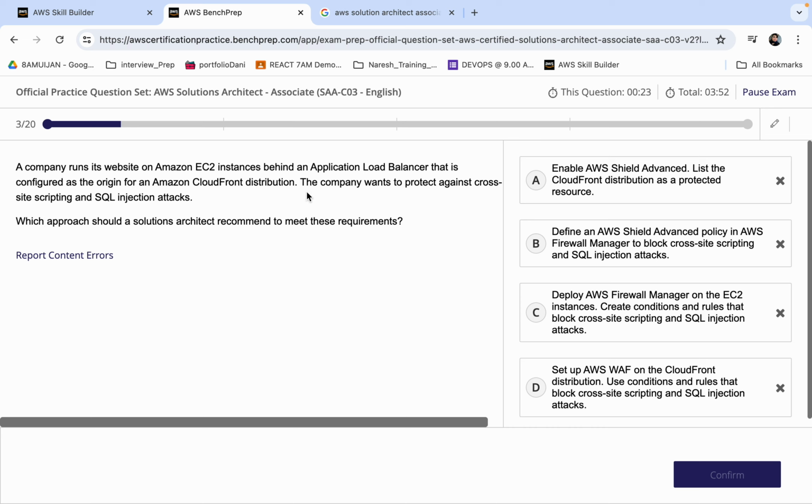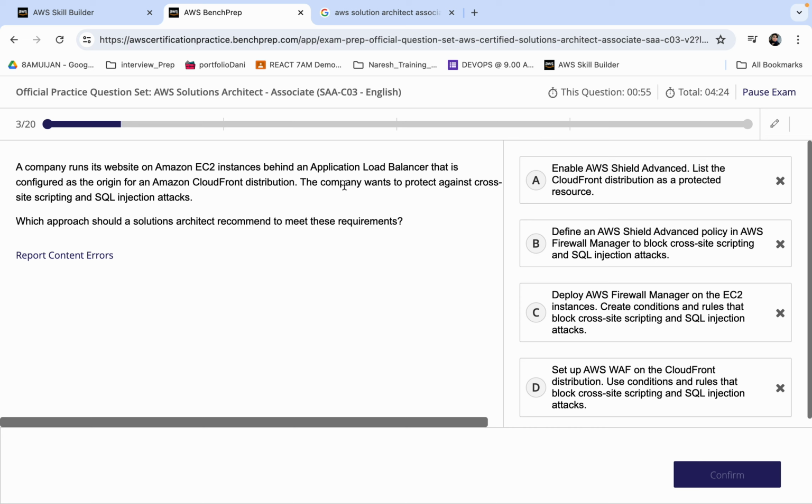The keyword I have found in this is, first, Amazon CloudFront distribution. We know what exactly it is. It is a CDN. But what exactly does a solutions architect have to do here? The company wants to protect against cross-site scripting and SQL injection attacks. So the keywords are SQL injection attack and cross-site scripting.